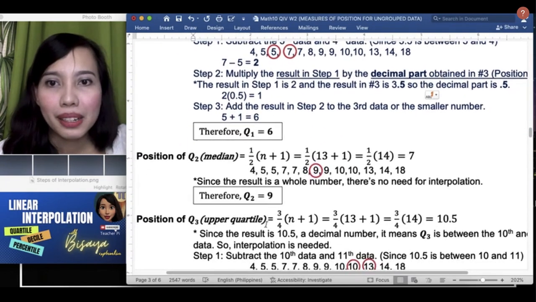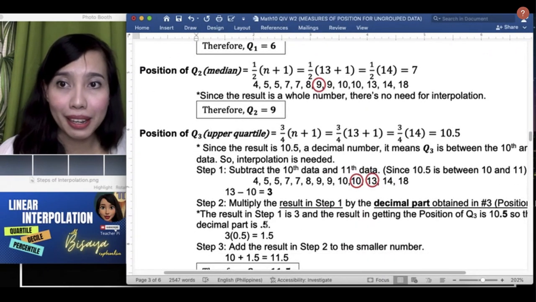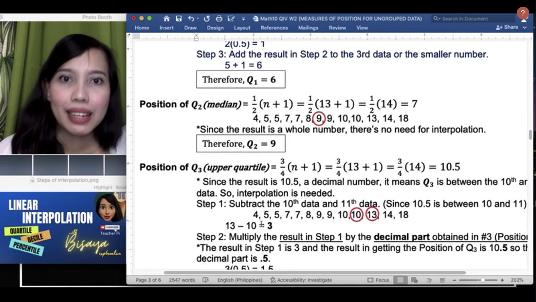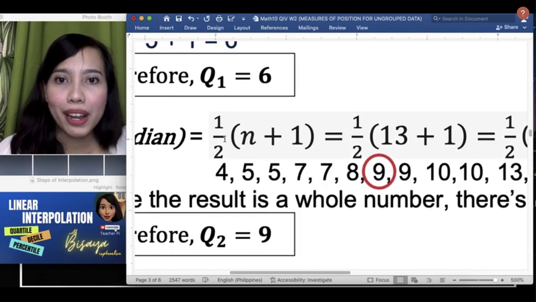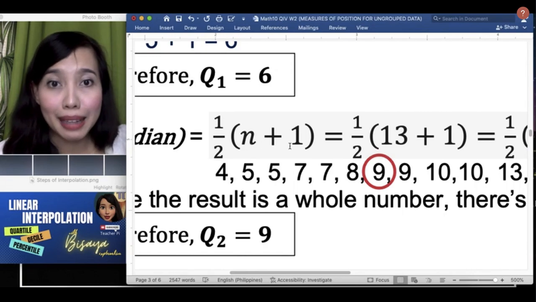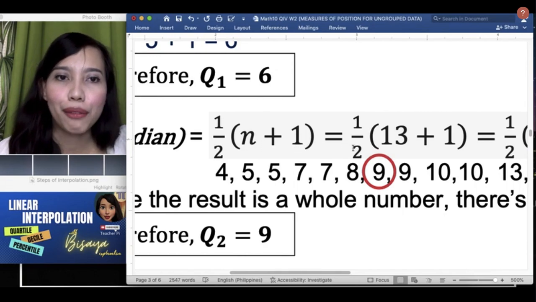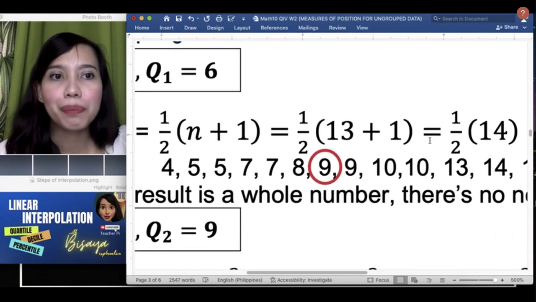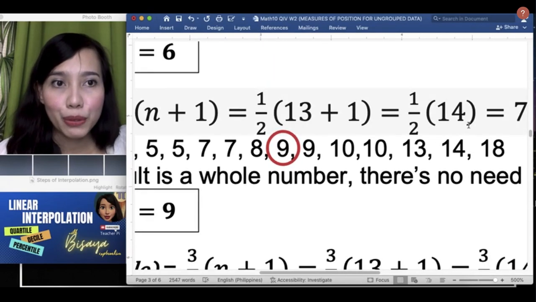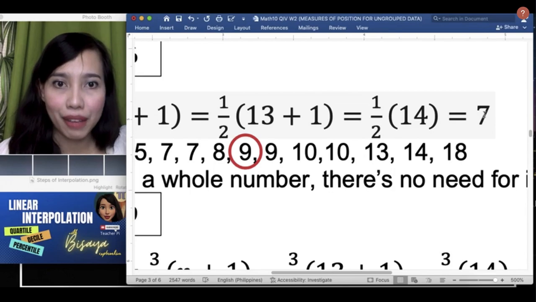Position of the median, or Q sub 2. We have the formula 1/2 times the quantity n plus 1. We have 1/2 times the quantity 13 plus 1, 1/2 times 14, and that's 7.